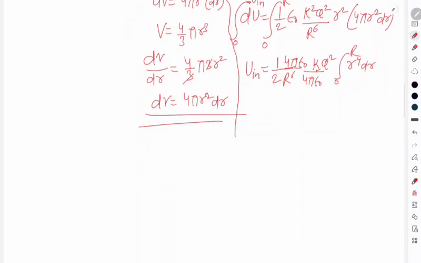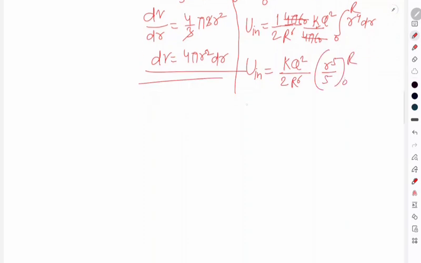So now from here we can say that 4 pi epsilon naught is cancelled out, and u in will be k q square upon 2 r raised to 6, integrating r raised to 4, so that will be r raised to 5 upon 5, limit from 0 to r. Thus we got u inside, that will be k q square upon 2 r raised to 6, and here it is r raised to 5 minus 0 raised to 5, divided by 5.